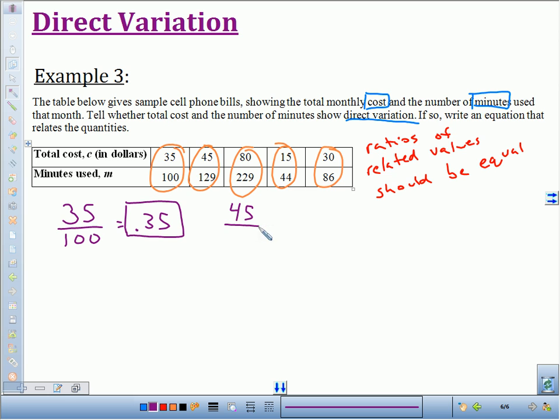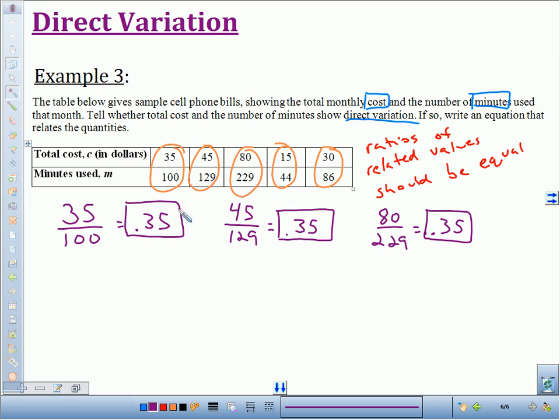If we have a ratio of 45 to 129, that is about, we have to round in this case because it's not completely accurate, about 0.35. It's in fact 0.34 something that we can round to 0.35. We have a ratio of 80 to 229, which again is 0.34 something, so we will round to 0.35.